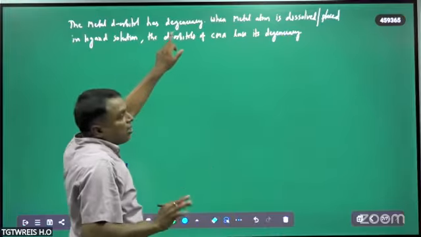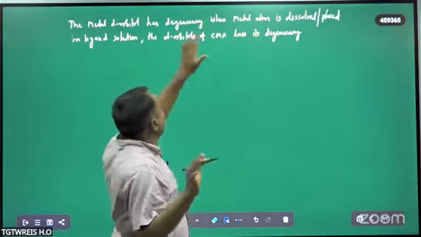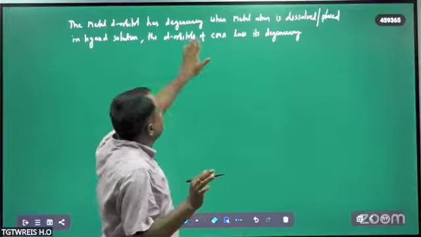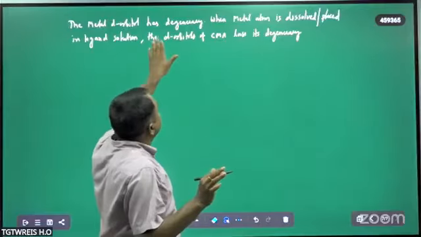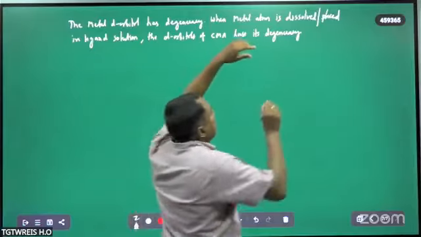The metal d orbitals actually have degeneracy. When a metal atom is dissolved or placed in a ligand solution, the d orbitals of the central metal atom lose their degeneracy.